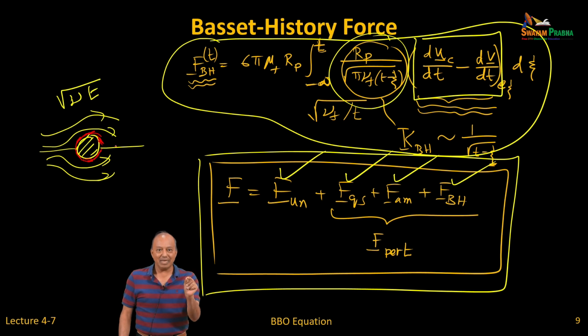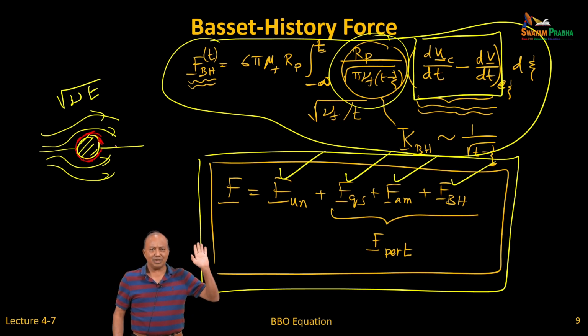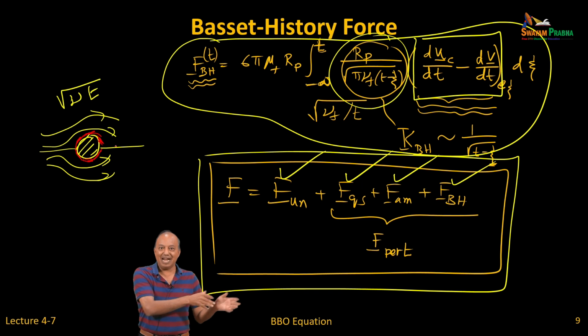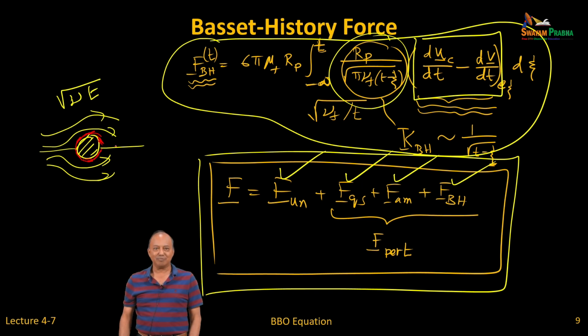So imagine that you suddenly change the flow from 1 meter per second to 2 meters per second. You accelerated the flow in a very short time. There is an inviscid effect, which is the added mass force, that immediately will show up as a big spike in force because you accelerated.